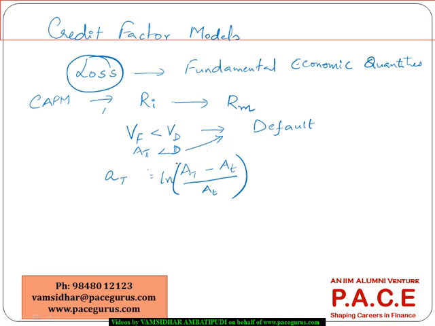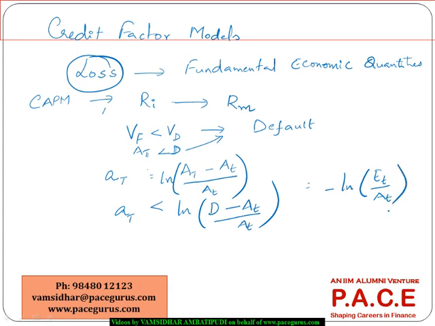So from this dimension, it also comes out that A_T should be less than D. Instead of A_T, I will substitute (D minus A_T) by A_T, correct? Which is nothing but D minus A_T working out to E_T with a negative sign. So this comes out as minus log of the current value of equity to the current value of assets.